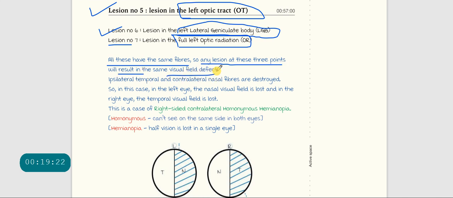What is the different condition in these three lesions, and when do these three different types of lesion occur? Let's see it in a diagrammatic differentiation form. Here is a table in which you can see the difference between the 5th, 6th and 7th lesions.